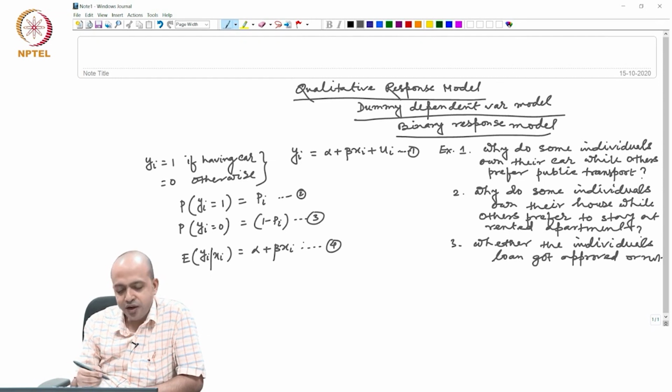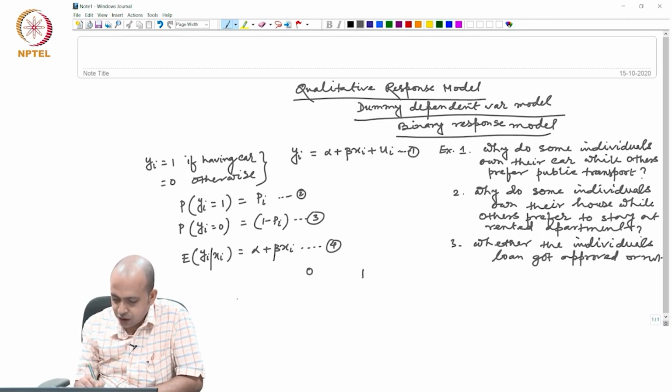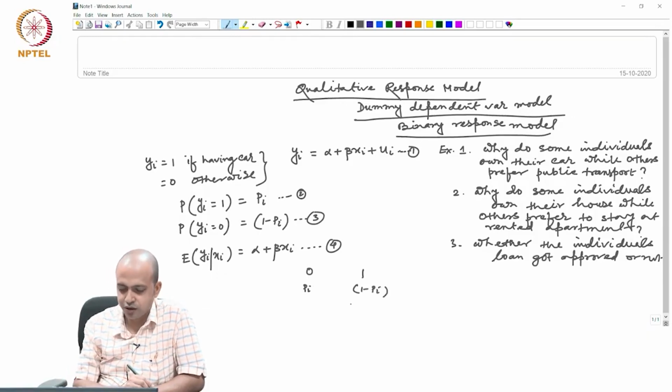Now, I can find the expectation of yi from this formula also, because yi can take two values, 1 and 0, and the probability that y will take value 1 is pi and 0 is 1 minus pi. So, these are the two values y can take.